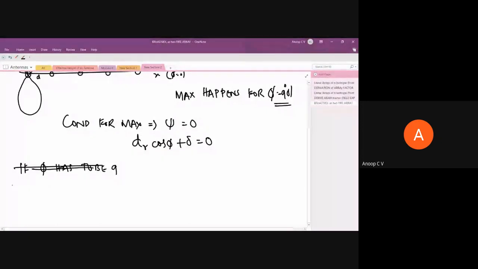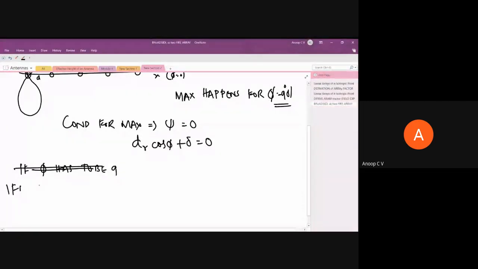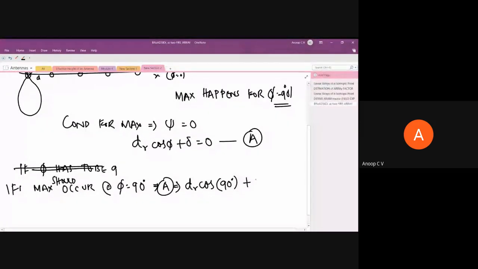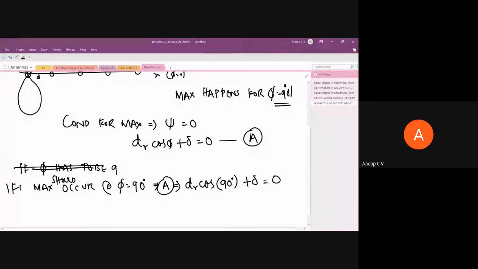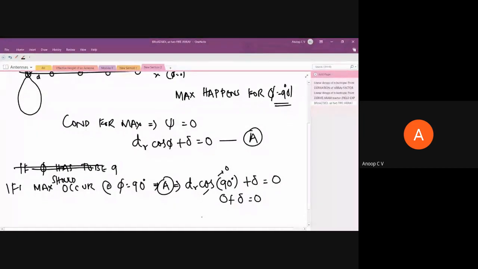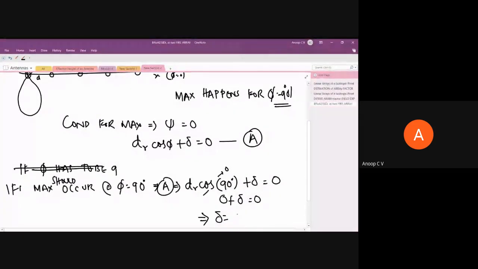If maxima should occur at phi equal to 90 degrees, calling this equation A, it implies d r cos 90 degrees plus delta equals 0. Cos 90 is 0, so 0 plus delta equals 0, which implies delta has to be 0.